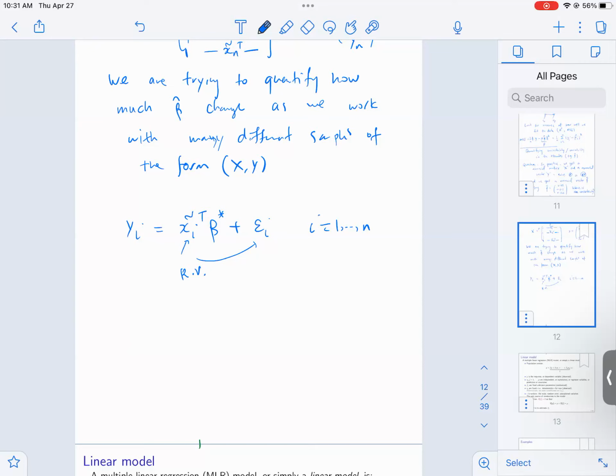So this model allows me to generate infinitely many different draws, and I look at chunks of size n of that data and calculate the beta hat. In each chunk, I get a different beta hat, and then I look at the variability of this beta hat. So this abstraction of random variables, expectations, and probabilities allows you to think about this abstract notion of uncertainty.